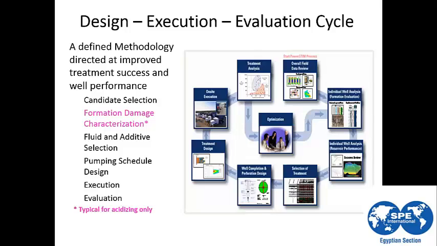So we need to review the well performance, select the candidate and characterize this candidate. Either we do this stimulation to improve the original deliverability of this formation, or to overcome damage that occurred before, after the completion, and return the formation deliverability to its original status.